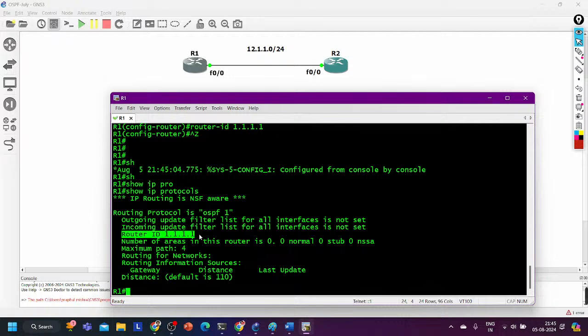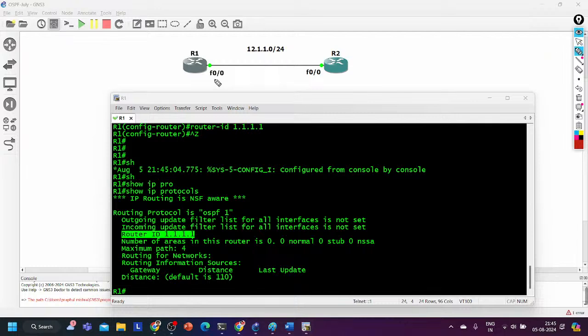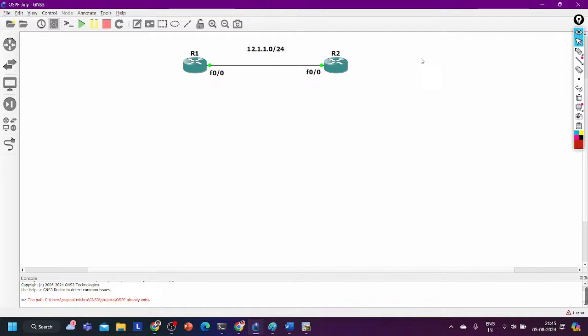But guys, once a router becomes a neighbor, let's say router 1 has formed the neighborship with router number 2, then you cannot change the router ID. Can anyone tell me why I am not able to change the router ID after forming a neighbor? See, already network information is there in R2.